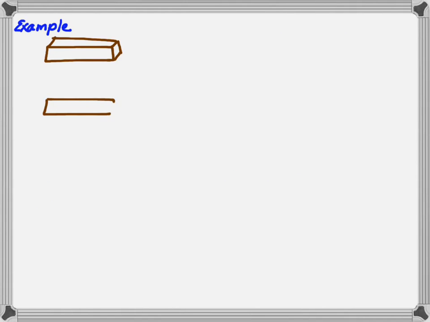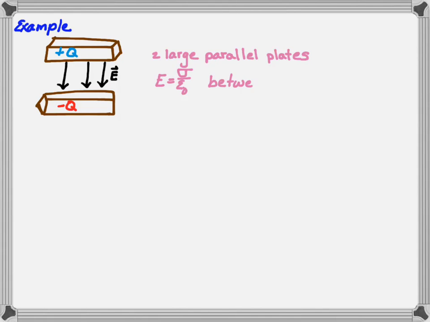Okay, let's look at an example. If I have two parallel plates, one with a plus charge on it, one with a minus charge on it, I know that the electric field is going to be in between these two plates. In between these two parallel plates, the E field is going to be equal to sigma over epsilon. Outside of here, E is going to be equal to 0.